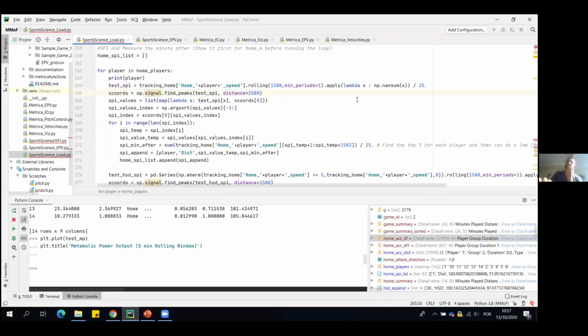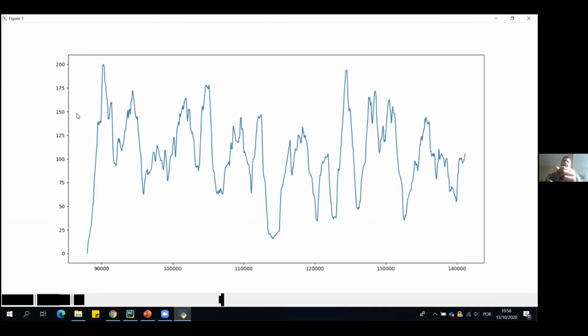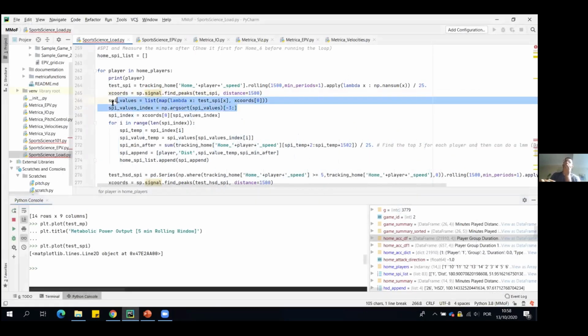What find peaks does is it's going to help us identify all of the different peaks within our graph that are happening 1 minute before, 1 minute after the last peak. So this algorithm would have found a peak here, potentially a peak here, a peak here, like that. And I'm just going to take the top 3 peaks.